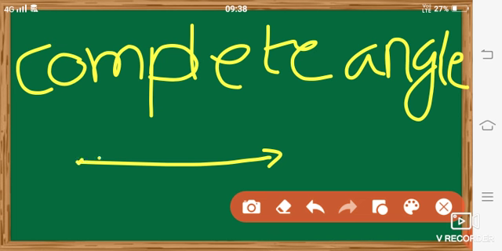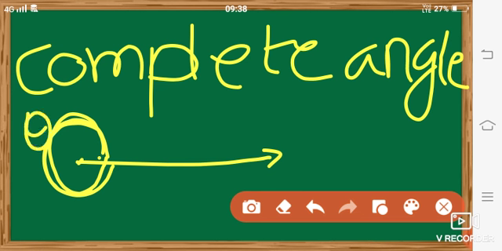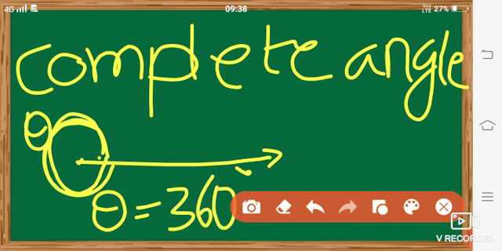Complete means the total angle is 360 degrees. We observe that it is rotating through 360 degrees. This is called 360 degrees theta. Then that angle is called a complete angle. If the theta value is 360, then that is called a complete angle. Thank you for watching.